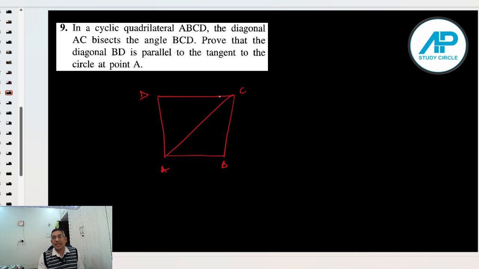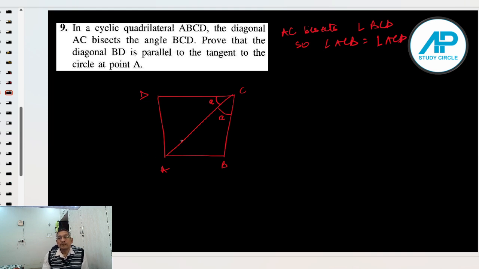Diagonal AC bisects angle BCD, so ACB and ACD are the same.